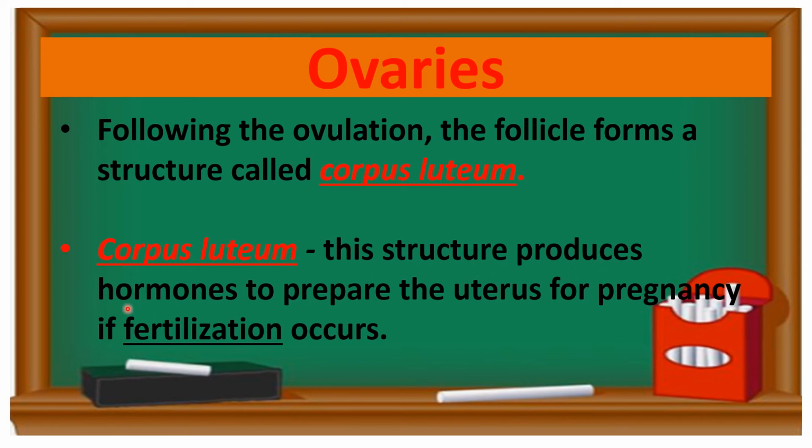This structure produces hormones to prepare the uterus for pregnancy if fertilization occurs. When you say fertilization, it's the union of the egg cell and the sperm cell. When the sperm cell fertilizes the egg cell, that's what you call fertilization.